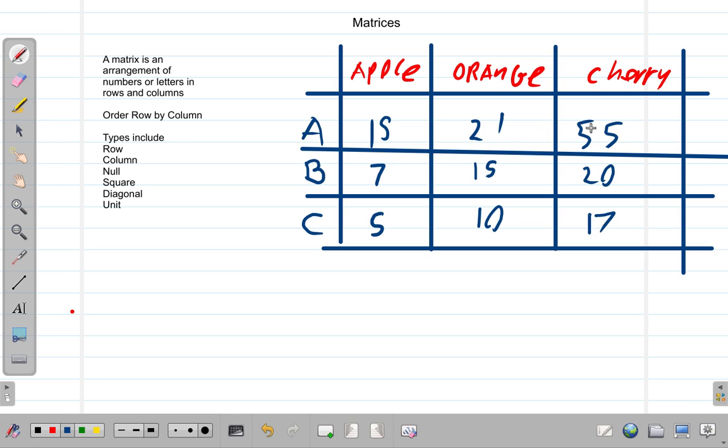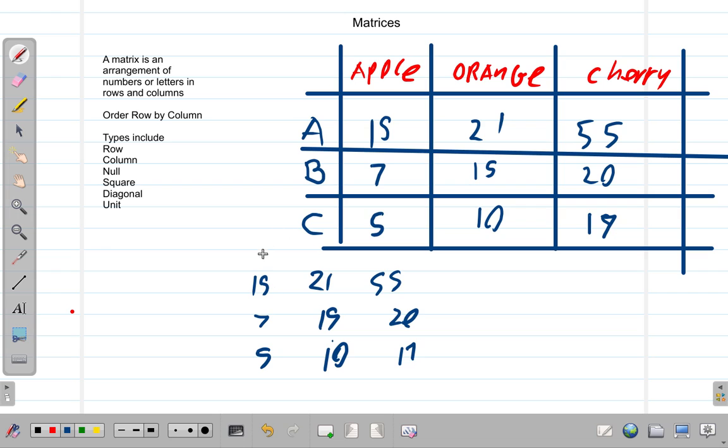After a while, you get accustomed to this type of table, so you now can just write the numbers down alone. So you have 15, 7, 5, 21, 15, 10, 55, 20, and 17.